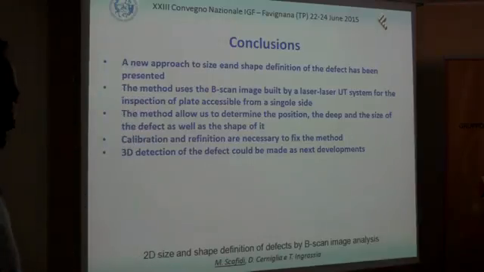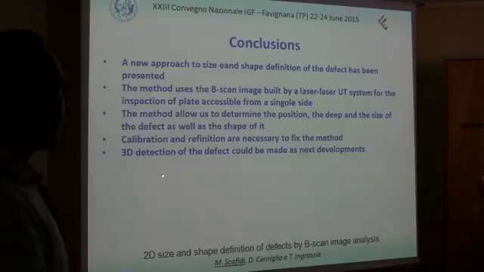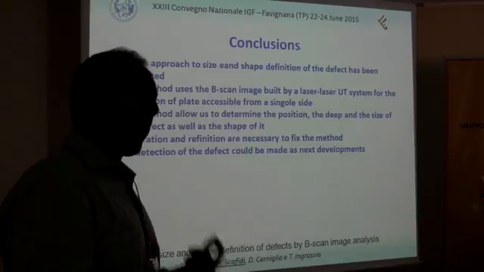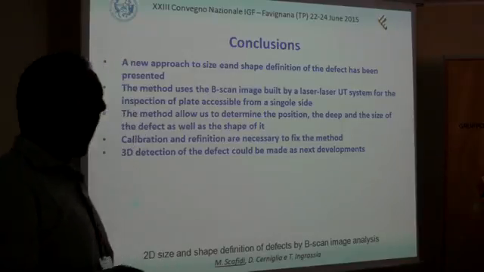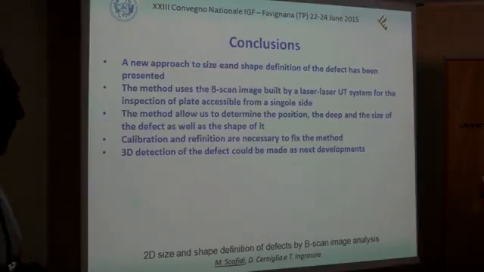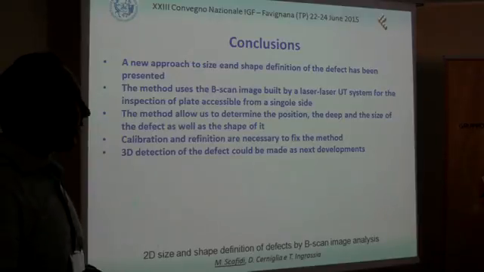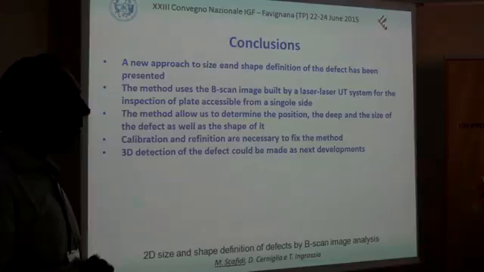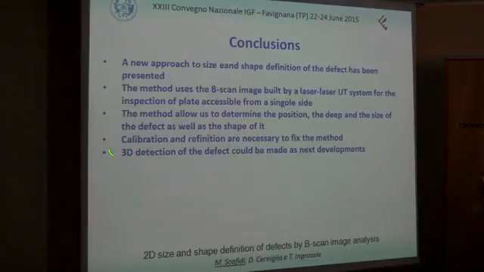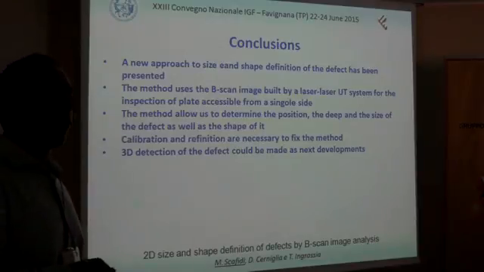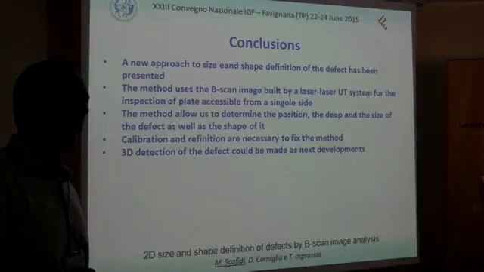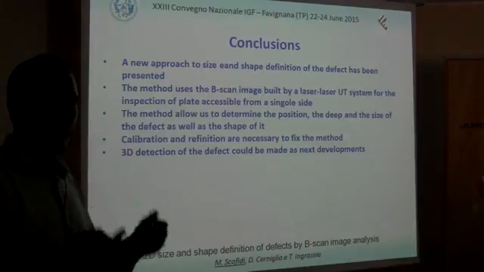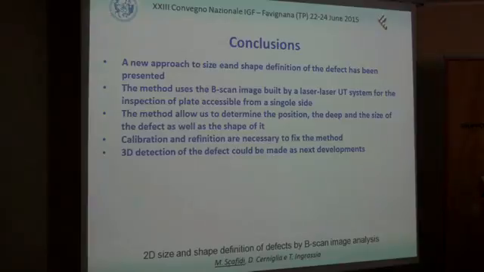It's very new for us, and making more work on the layout of the lasers and the type of scanning. We want to analyze a 3D shape, 3D position of the defect or size of the defect. Thank you.